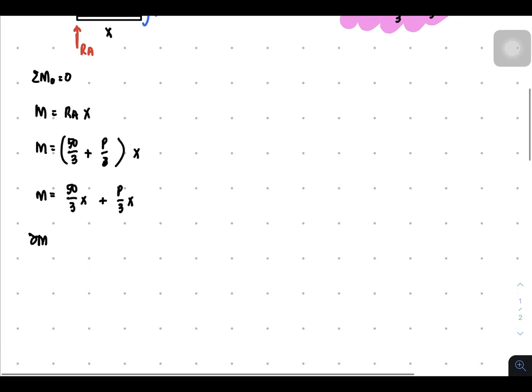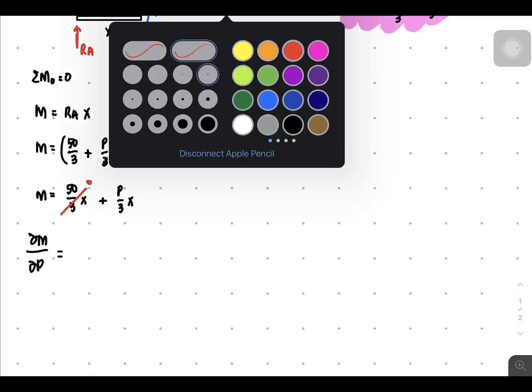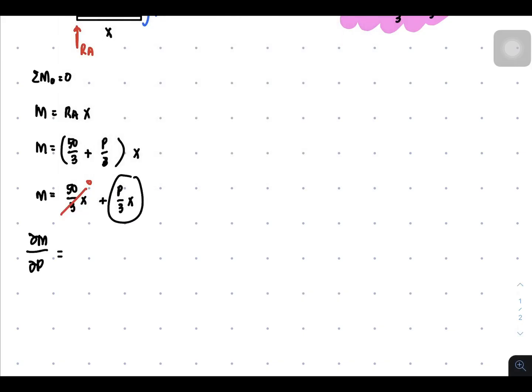And you get now the partial derivative of that equation, setting P to 0 since that is now the constant, and the P term will now be considered as the variable. So the partial derivative of x over 3 with respect to P is equal to 1/3 of x, or x over 3.